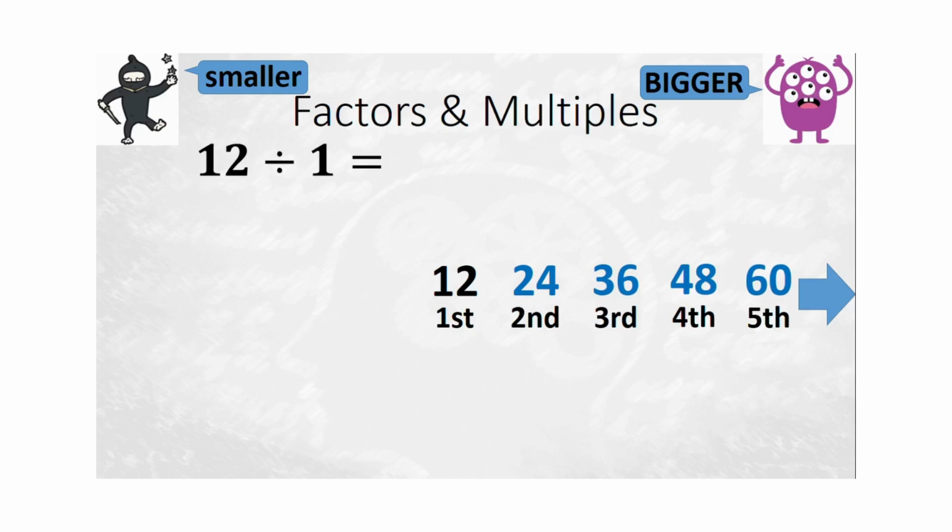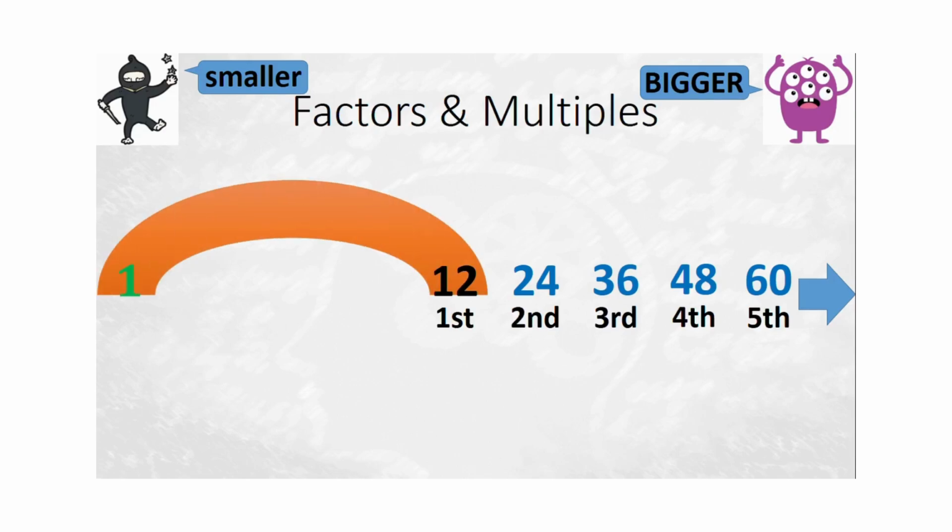Now let's look at factors. 12 divided by 1 equals 12. So 1 and 12 are factors, and you can combine them in a factor rainbow. So 1 and 12 are like the factor pairs. 12 divided by 2 is 6.